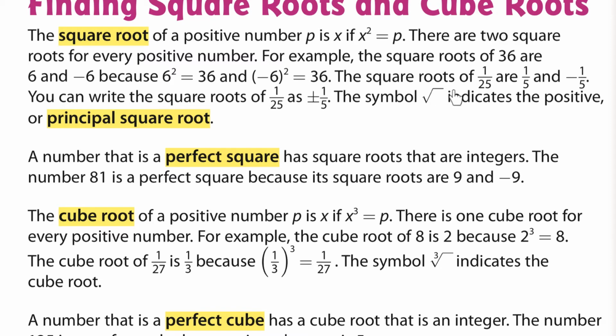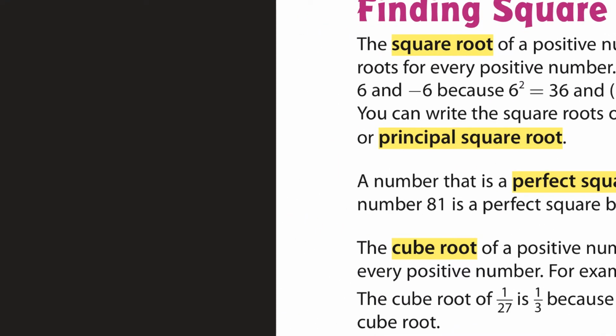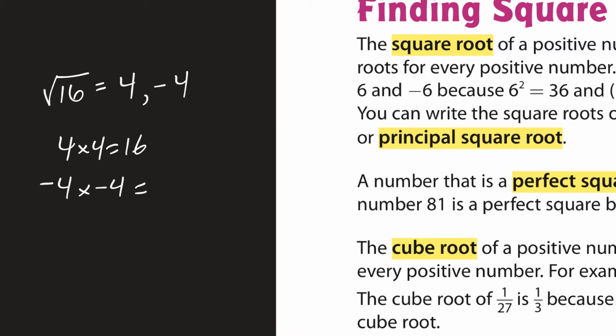The square roots of 1/25 are 1/5 and -1/5. So what this is saying, let me bring this over here. The square root of 16 is equal to 4, but it's also equal to -4, because 4 times 4 is 16, and -4 times -4 is also 16.